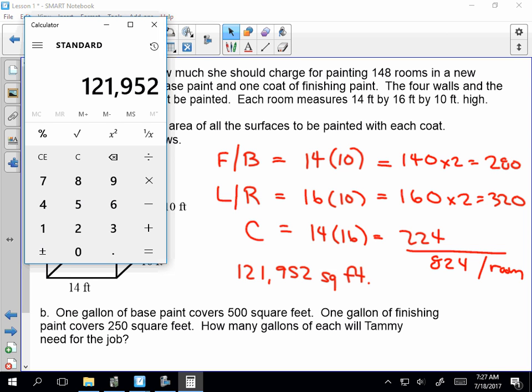Okay, and then when we look at coverage of paint, 1 gallon of base covers 500 square feet. So what we would do is divide this by 500. And what we have to be careful of here is we can't use the decimal value. You can't go to Lowe's, Home Depot, Menards, and say, I want to buy 243.9 gallons. That's not going to work.